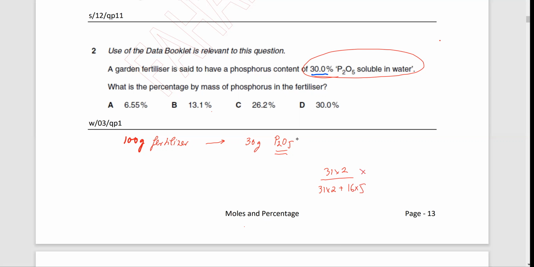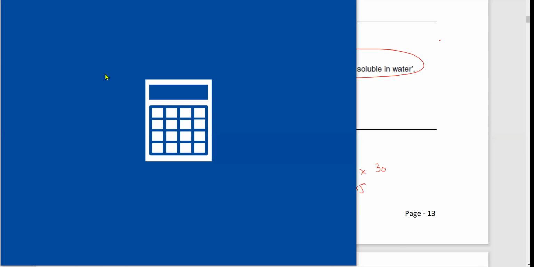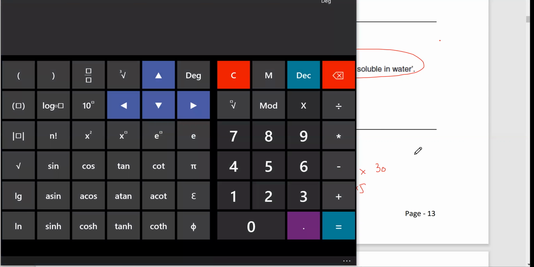ये आपके पास fractional percentage आ गई and you multiply that by 30. When you do this, let me take out my calculator as well. So now when you do this calculation on the calculator, it's basically 62 and it's being divided by what? 62 plus 16 into 5 is 80. तो आपके पास परसेंटेज आ रही है 0.43 और 43% into 30 grams कर लो.